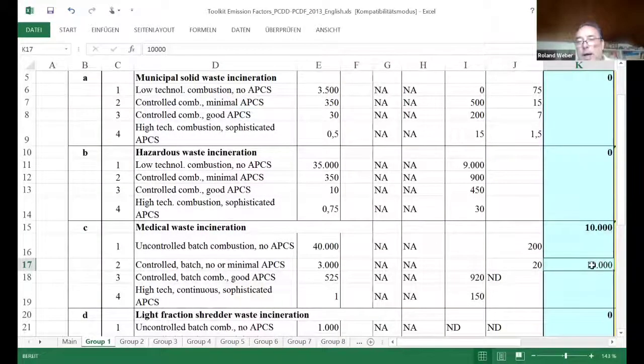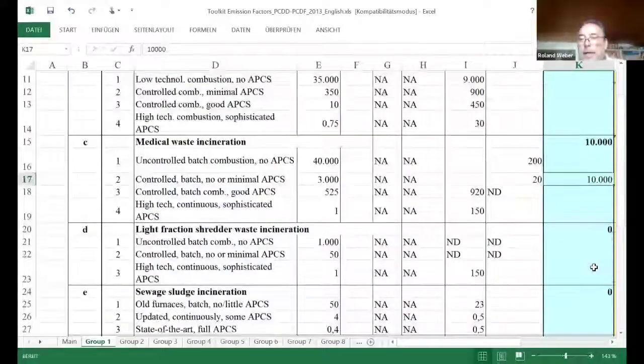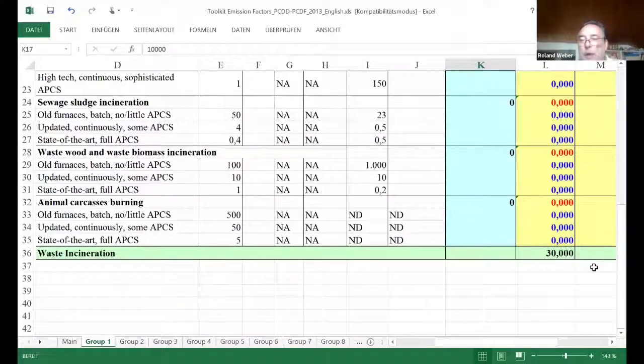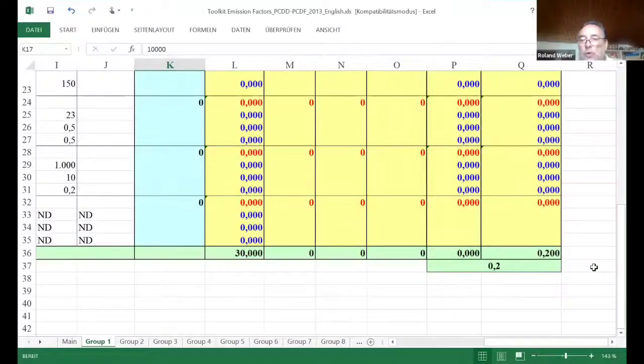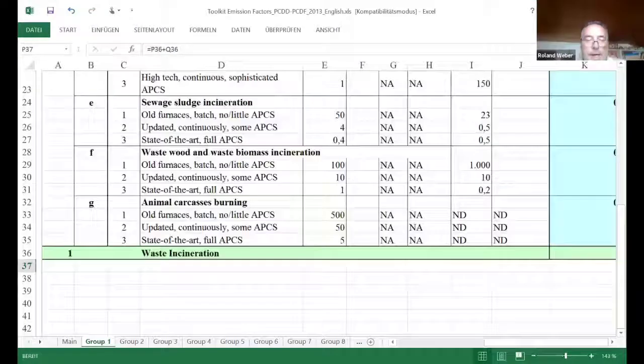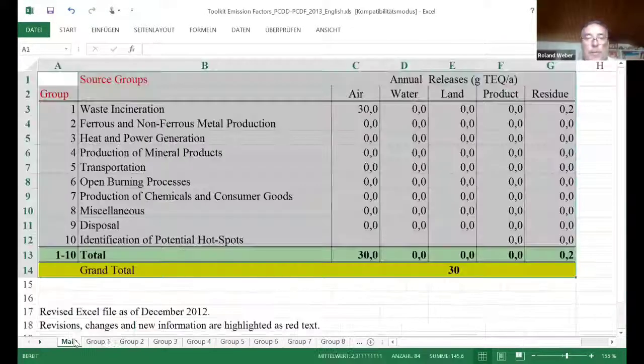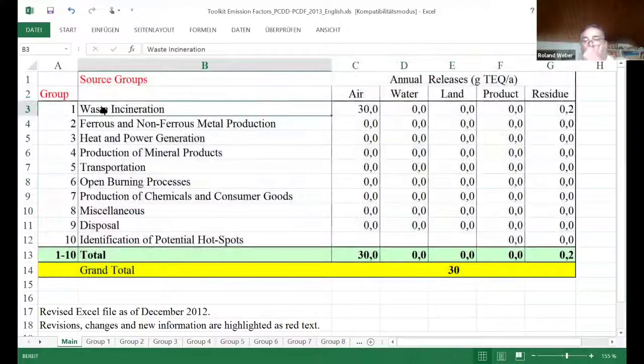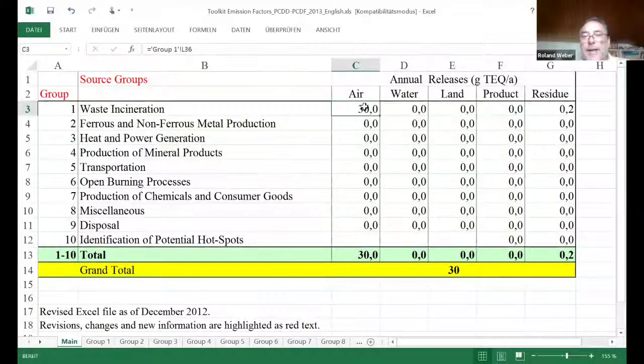Here I just included the 10,000 tons. So it automatically calculates the dioxin emission to air and the dioxin emission to the residue. And the same is transferred directly and automatically to the main table here for waste incineration. Here you find again the 30 grams emission to air and how much is going to the residues. So this is quite convenient from this Excel table from the toolkit.